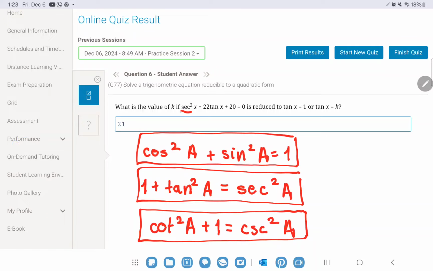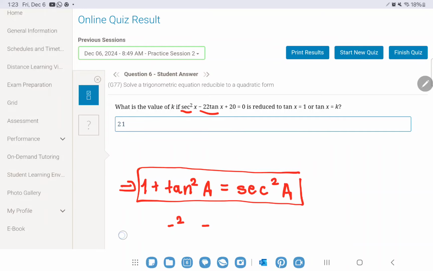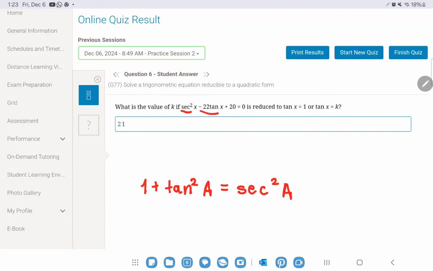Now let's see. In this question, they want secant and tangent. So for this question, we need this equation. We erase everything else. Using this equation, we cannot have secant and tangent together. It's like having x and y and needing to solve. You can't. You need to make both of them either tangent or secant. What you do is you look at the one with the squared in it and you convert it to the other.